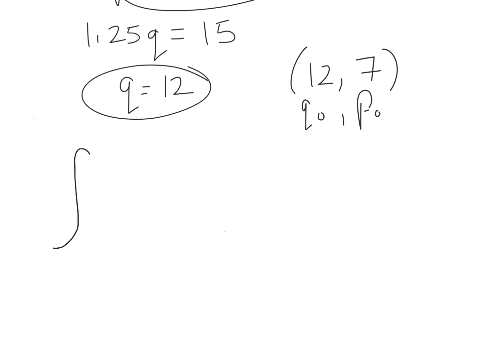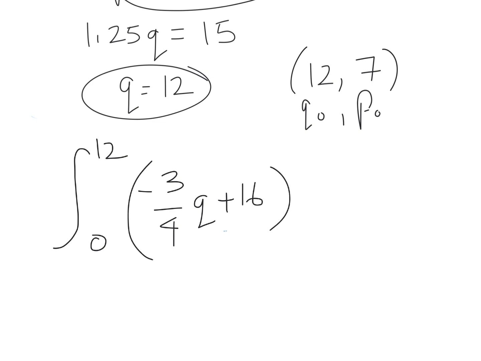So we're going to integrate and evaluate between 12 and 0 of the demand function, which is what? What is our demand function? -3/4 Q plus 16 minus the equilibrium price. Yeah?